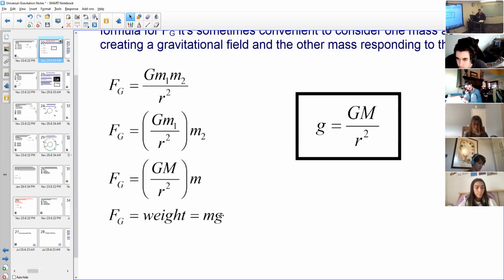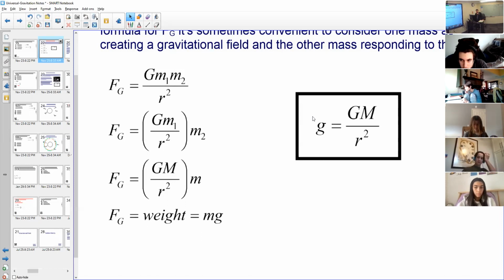And so little g, the acceleration due to gravity, is equal to capital G, the Cavendish constant, times big M, the mass of whatever the planet is or whatever we're talking about, divided by the distance between them squared. So this equation is also important in that you can find the value for g on any planet, which could be a question that they could ask.